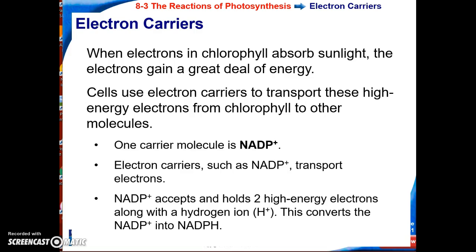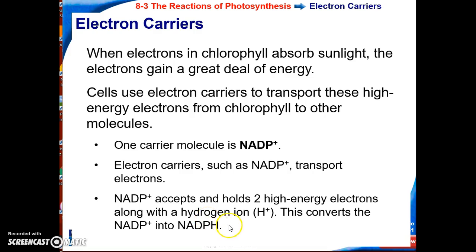And it also takes along with it a hydrogen ion or hydrogen proton, this H+, which is how we get NADP+. See, the plus means it's missing an electron. So if we add two electrons here, we end up with NADP. We no longer have the plus because we have an electron.